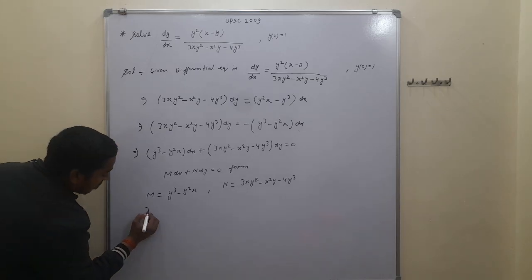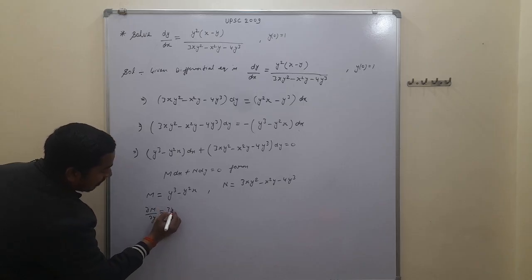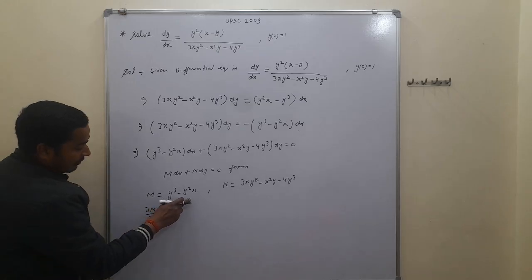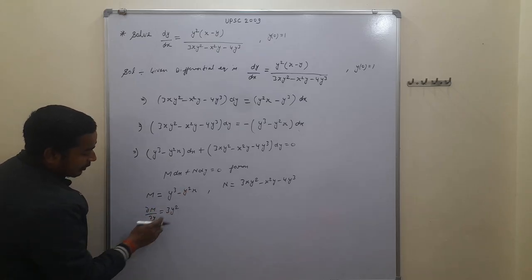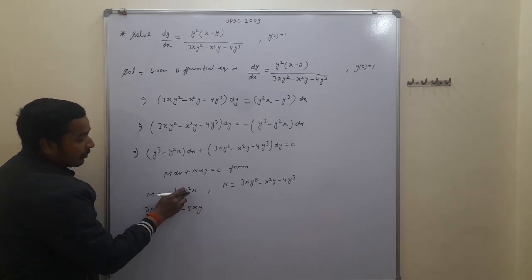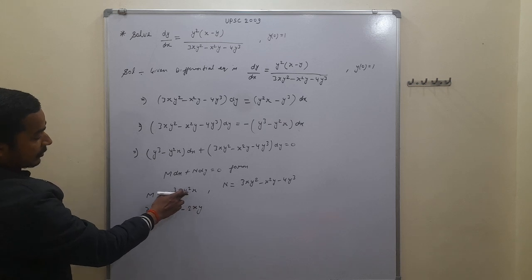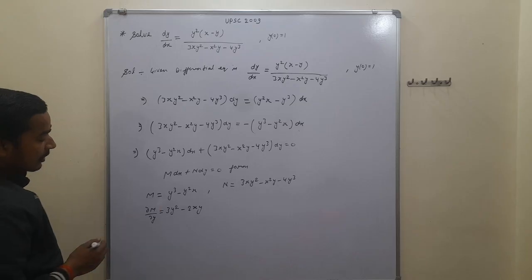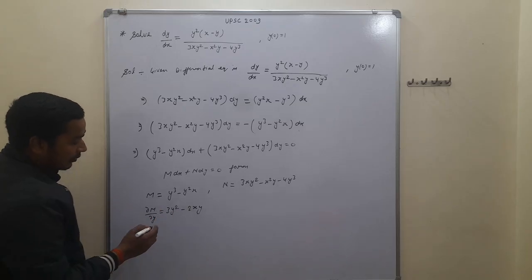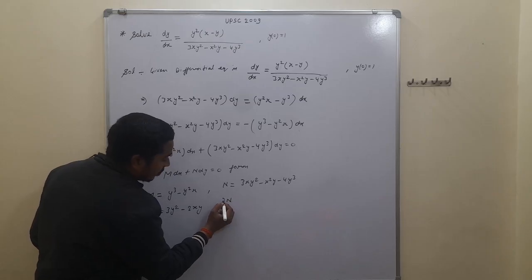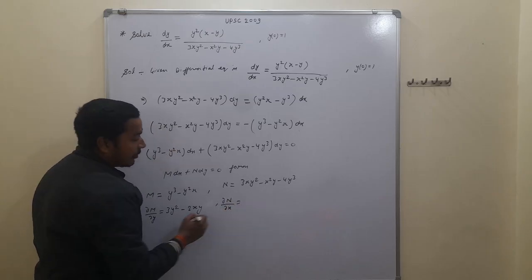This gives ∂M/∂y = 3y², and differentiating y²x with respect to y, taking x as a constant, gives 2y, and x is already present, so minus 2xy.